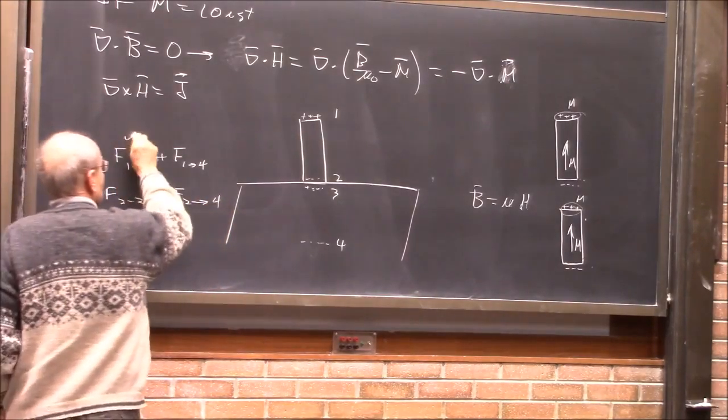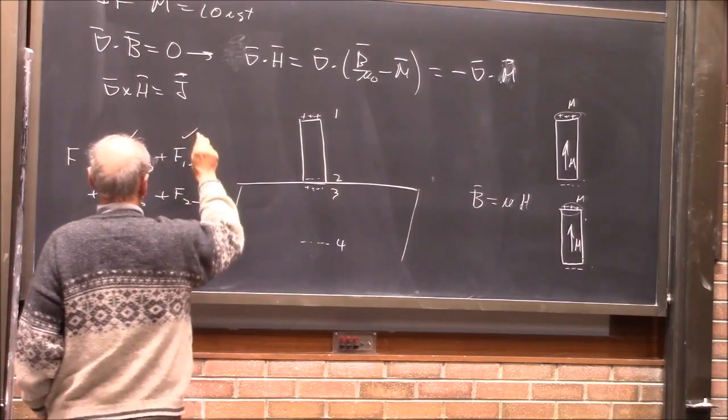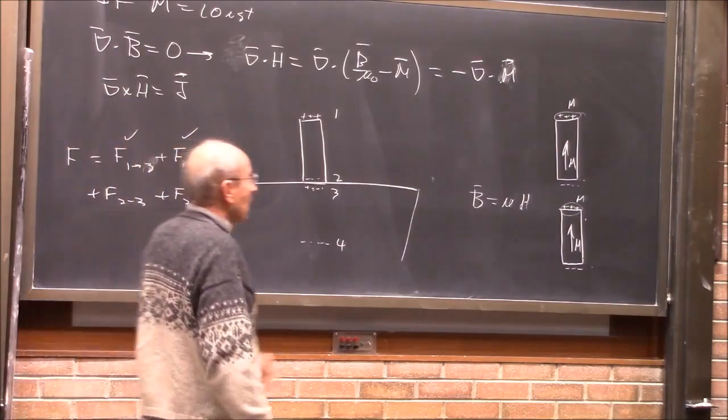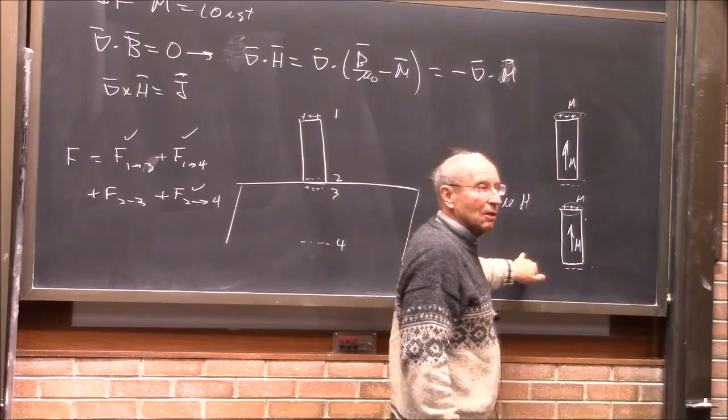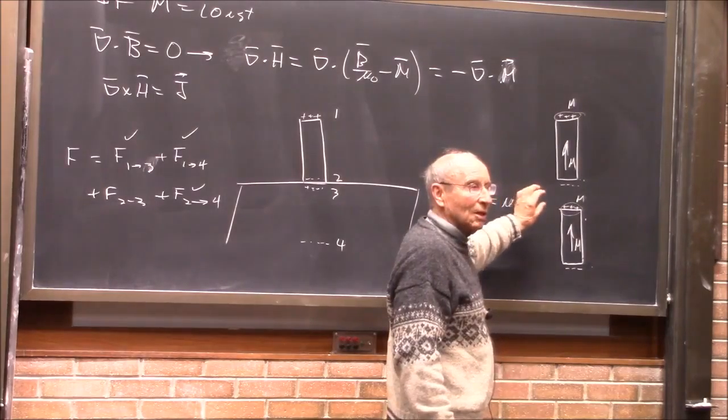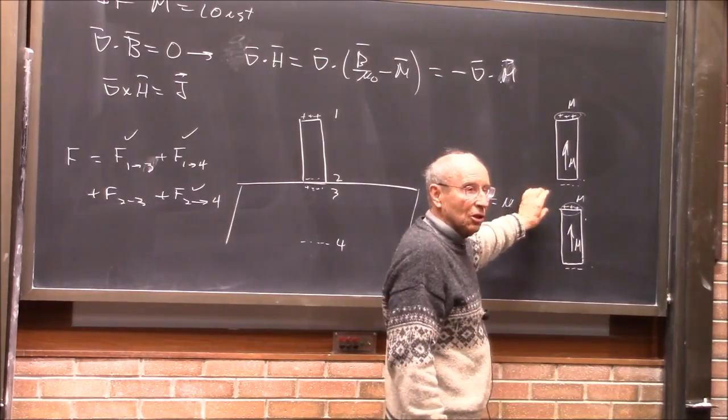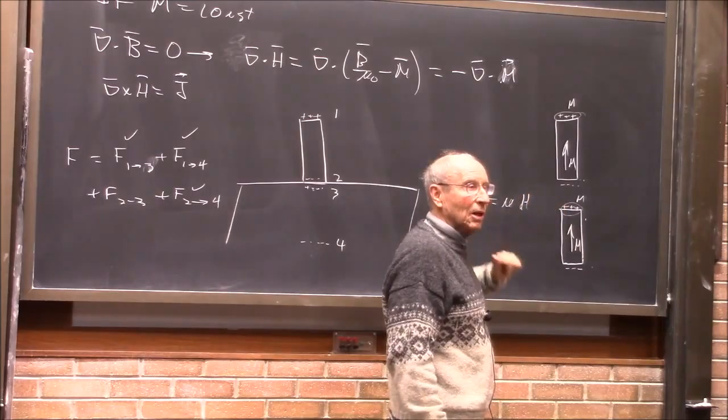And this one and this one are just the same problem we did over here, just integrating the force between two sheets. So it's exactly the same problem we did over there.